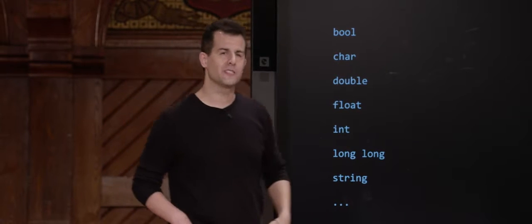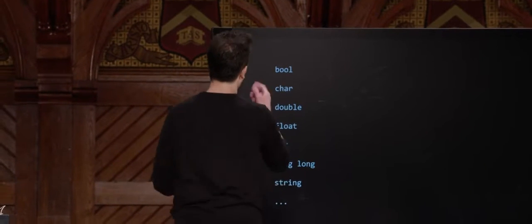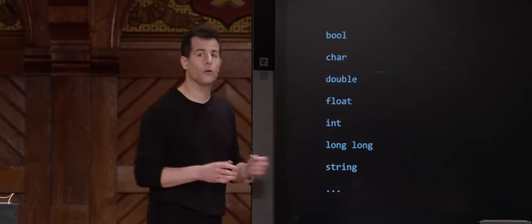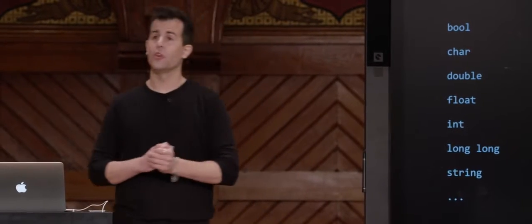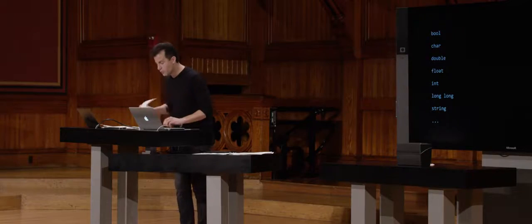And it turns out that sometimes you need bigger numbers than come by default with ints and floats. And in fact, a double is a number that uses not 32 bits, but 64 bits. And a long is a number that uses not 32 bits, but 64 bits, respectively, for floating point values and integers, respectively.